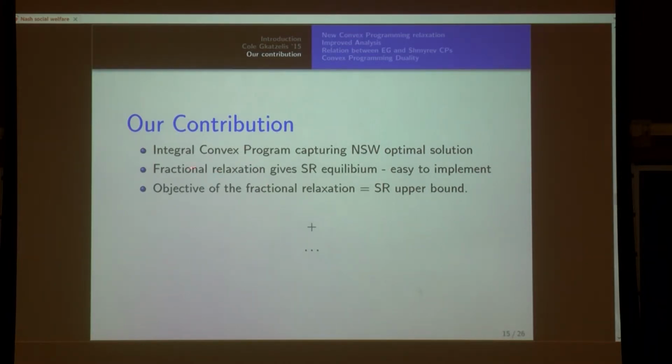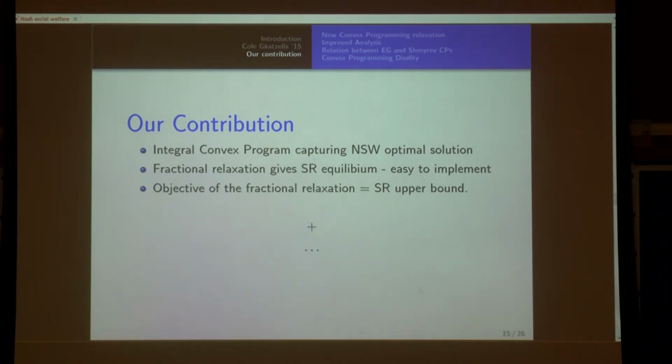Now, when you consider the fractional relaxation of this program, that also captures the market equilibrium, but you can add a constraint that captures the spending restricted equilibrium. Okay, so this makes it easy to compute this spending restricted equilibrium. It's just a convex program, you solve it, and that's it. Right? And the objective of this fractional relaxation is exactly this upper bound, this weird upper bound that I showed you.